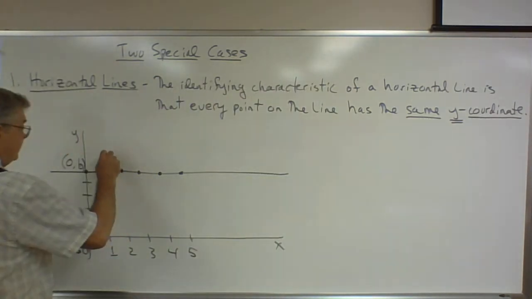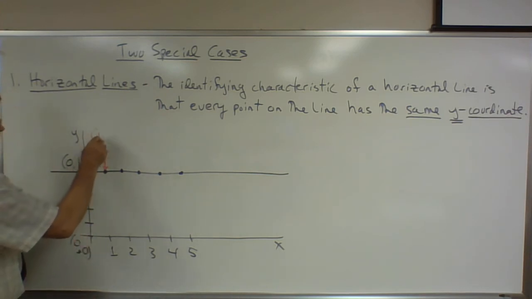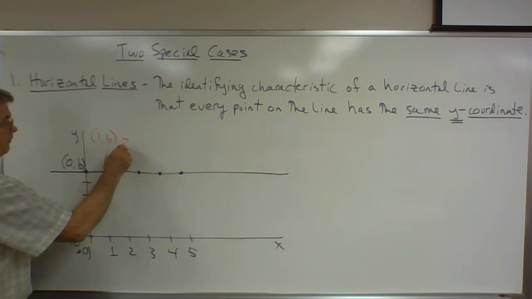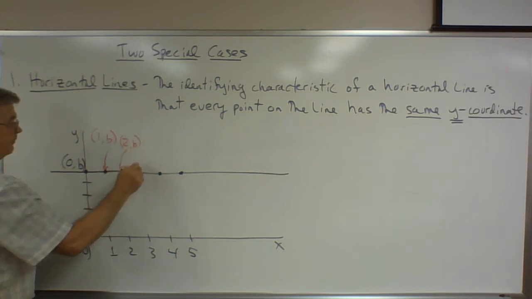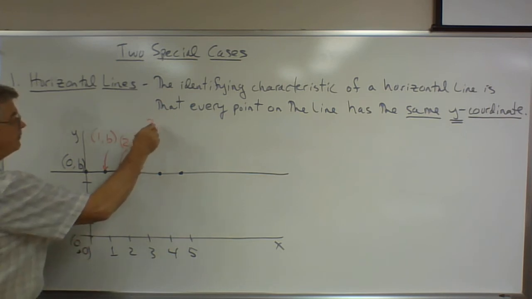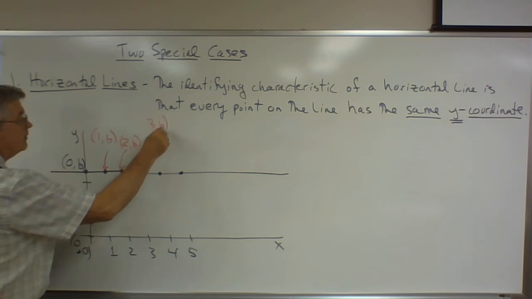So this point, x is 1, y is b. This point, x is 2, y is b. And this point, x is 3, and y is still b.